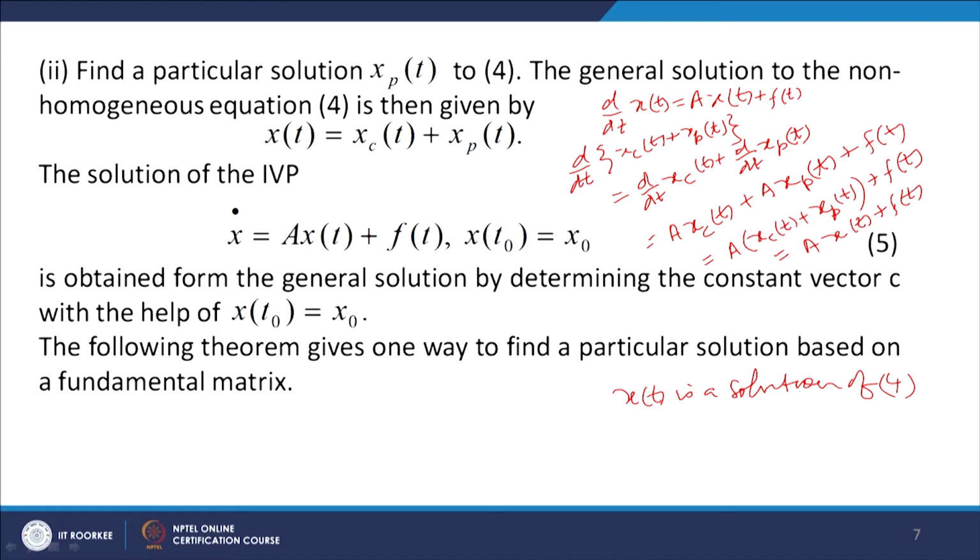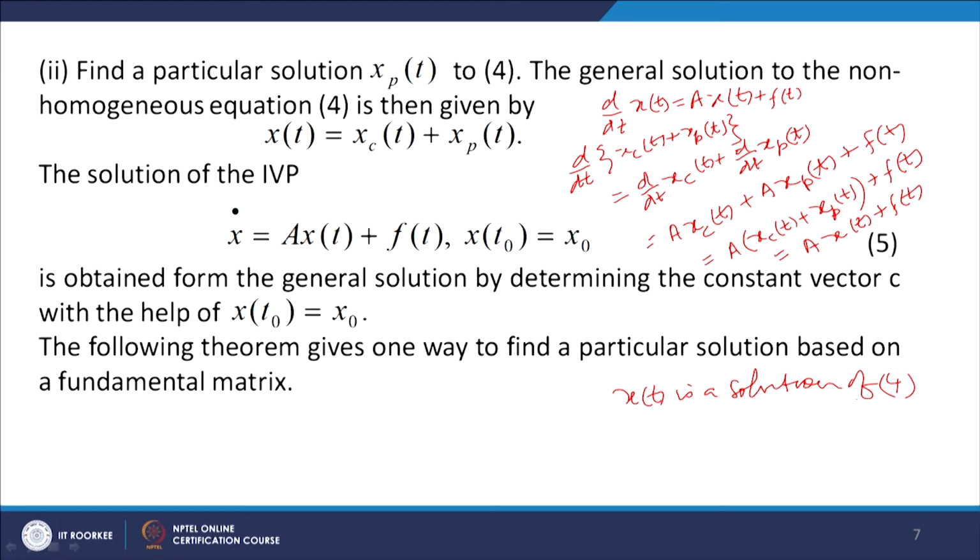Now, we know that x(t) equals xc(t) plus xp(t) contains n arbitrary constants c1, c2, cn in the solution xc(t) of the homogeneous system, and therefore x(t) is a general solution of this non-homogeneous system dx/dt equals Ax(t) plus f(t).